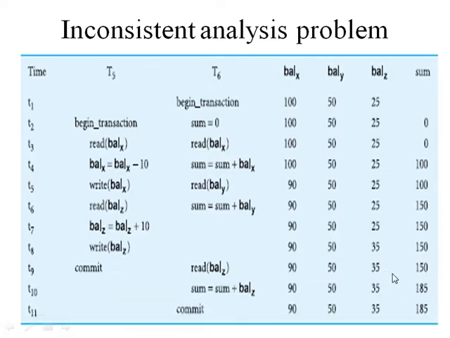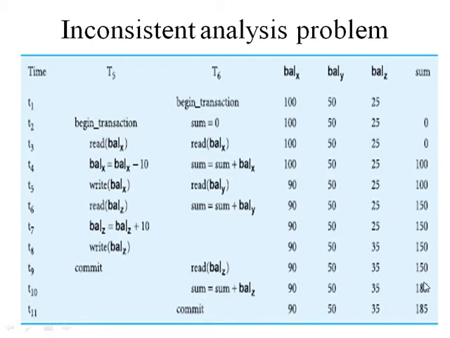To the 150 we added 35, since Z balance was 25 and 10 rupees was added by this operation, making Z 35 rupees. 150 plus 35 is 185, but the actual value should be 175 rupees.